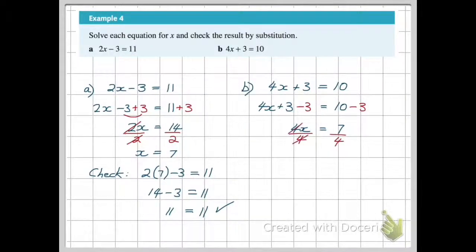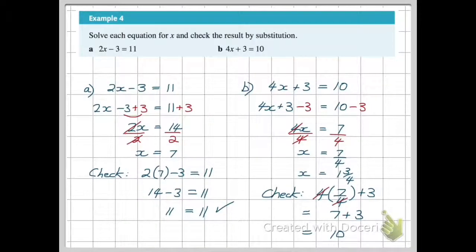The 4's cancel out, and the answer is x equals 7 over 4, which we would normally write as a mixed number. Now to check this one, it's actually easier to substitute 7 over 4 back into the equation, because then the 4's cancel out, and you can see that 7 plus 3 equals 10, and the answer is correct.